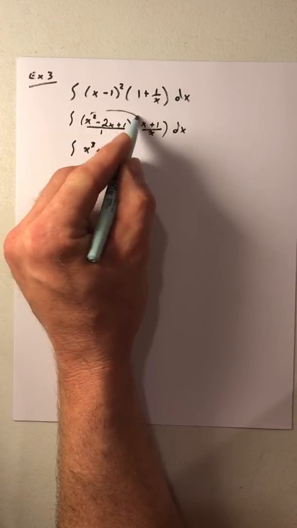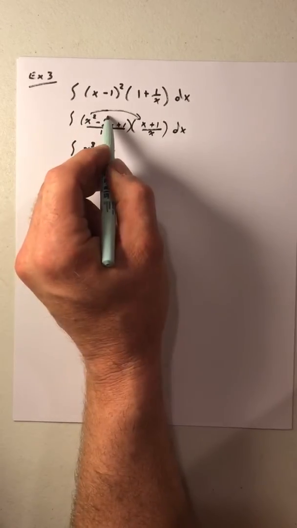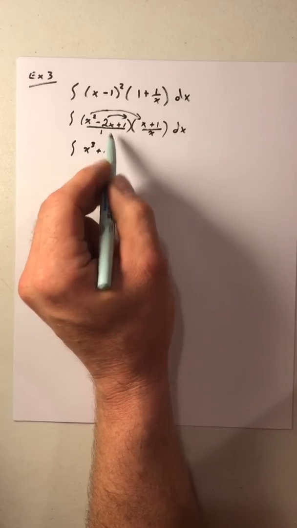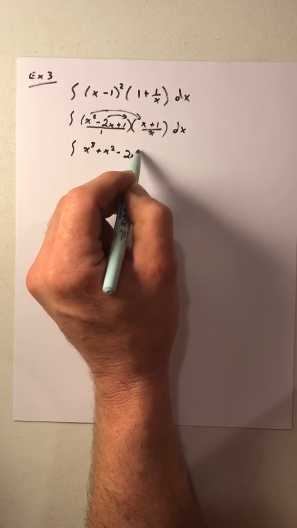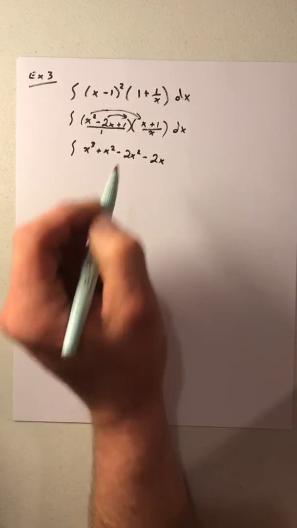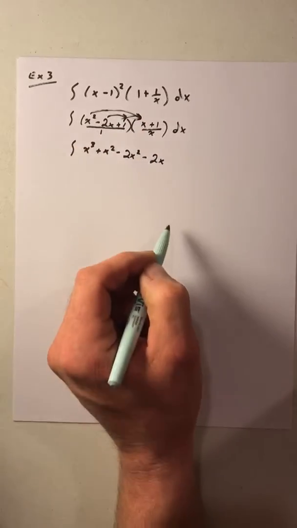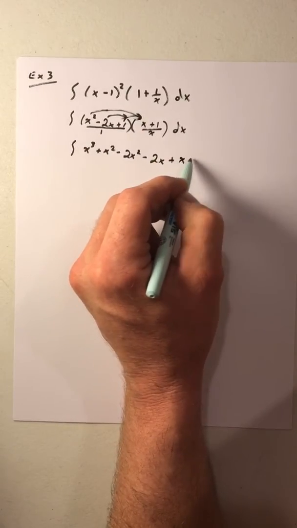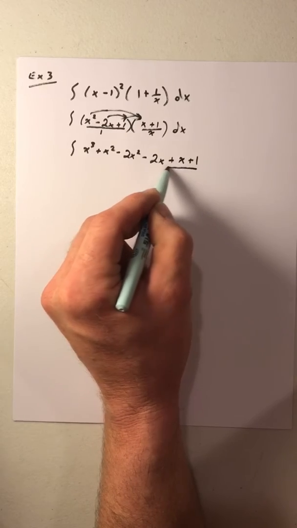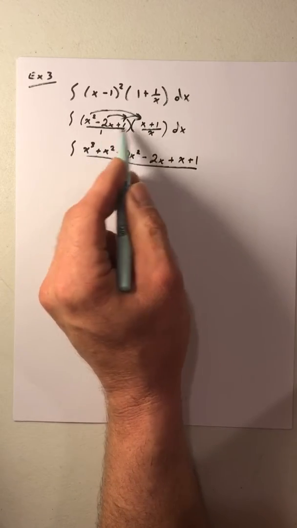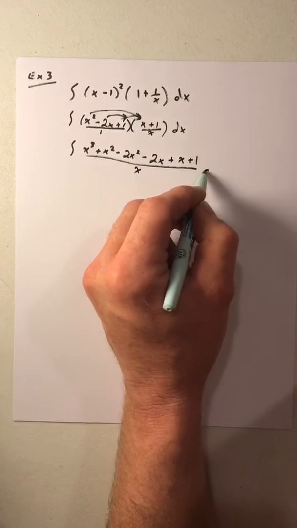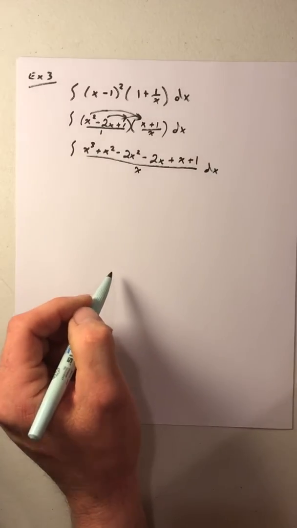If I distribute the x squared through, multiplying the negative 2x through, I get negative 2x squared minus 2x. And I'm going to distribute the 1. So plus x plus 1, that's all over this denominator of 1 times x, which is x dx.